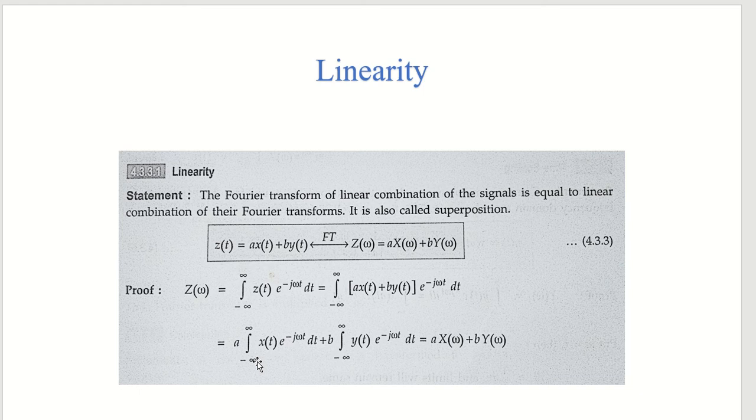Check here: the whole term after a, before this plus sign, is actually the formula for X of omega, and in the same way after b, this whole term is the formula for the Fourier transform of y. So instead of this term we can write b into Y of omega. By doing that we get our output, so we just proved the linearity property here, right?